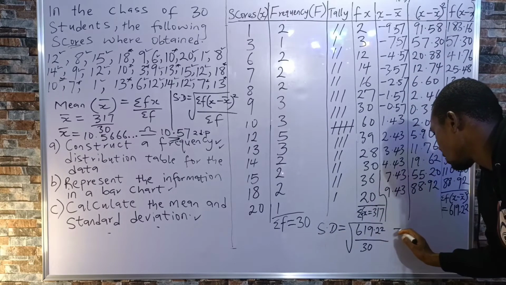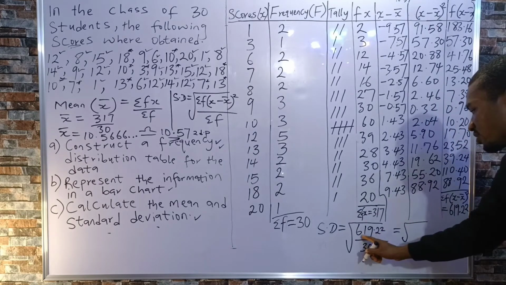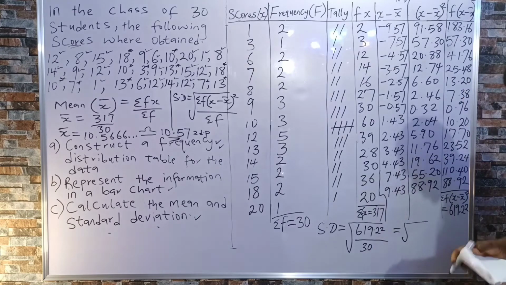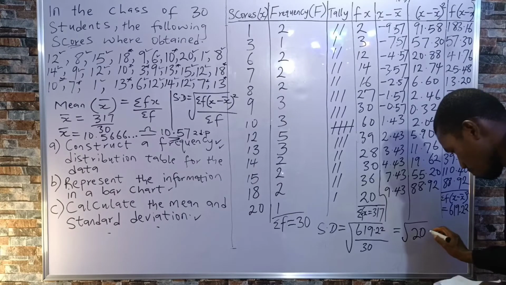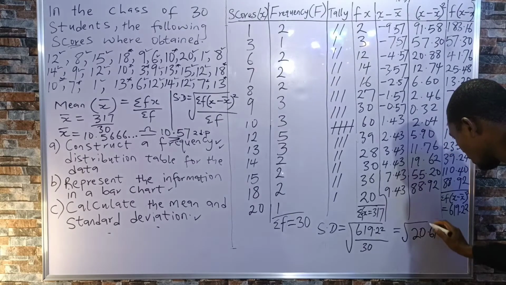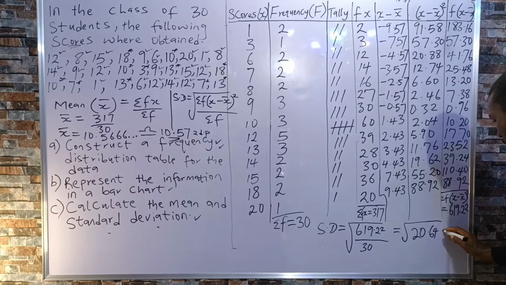Hence, our standard deviation is equal to the square root of, when we divide 619.22 by 30, we shall have the value of 20.64. And when we take the square root of 20.64, it will give us the value 4.54, approximated to 2 decimal places.